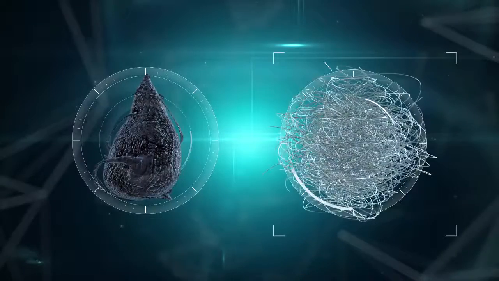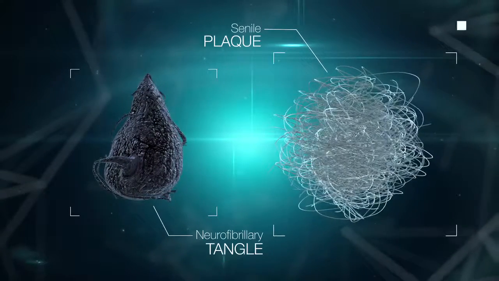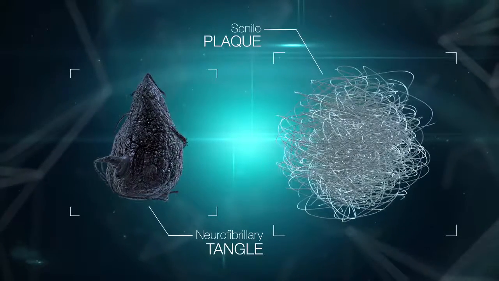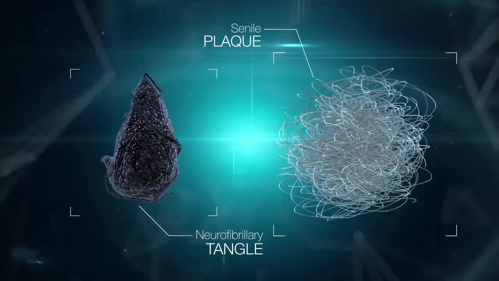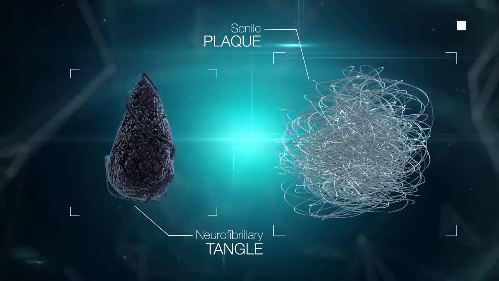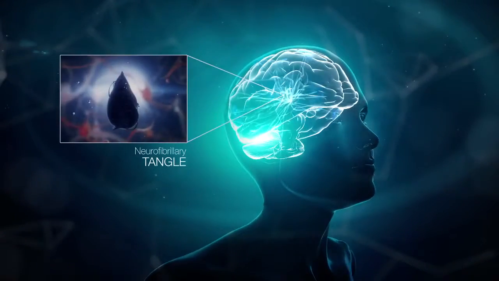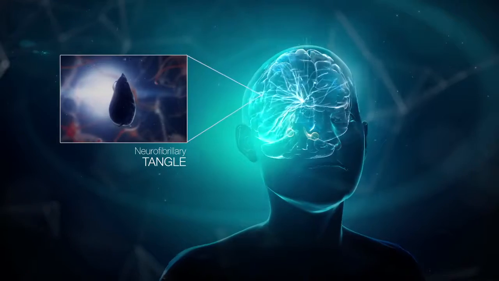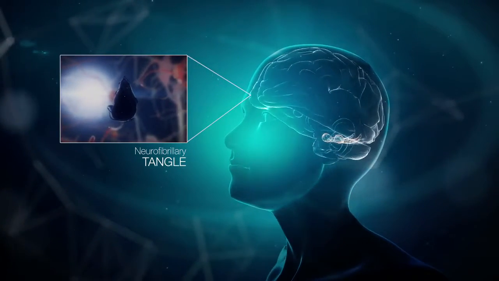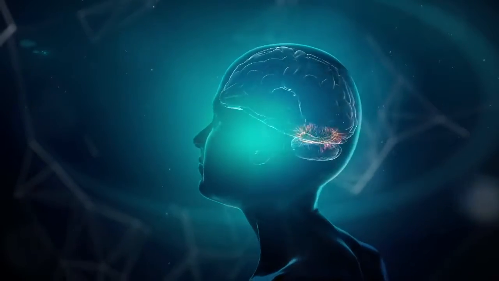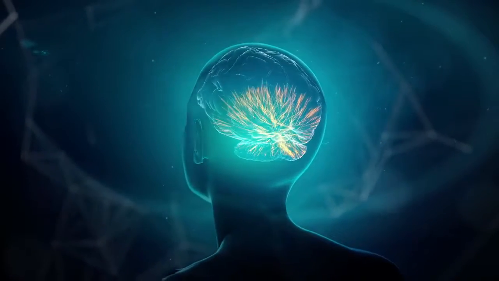How do the two lesions spread throughout the brain? Neurofibrillary tangles and senile plaques do not follow the same pathway in the brain over time. Neurofibrillary tangles first develop in the region called the hippocampus, which is essential to memory and learning. They then reach the whole brain following a centrifugal movement.